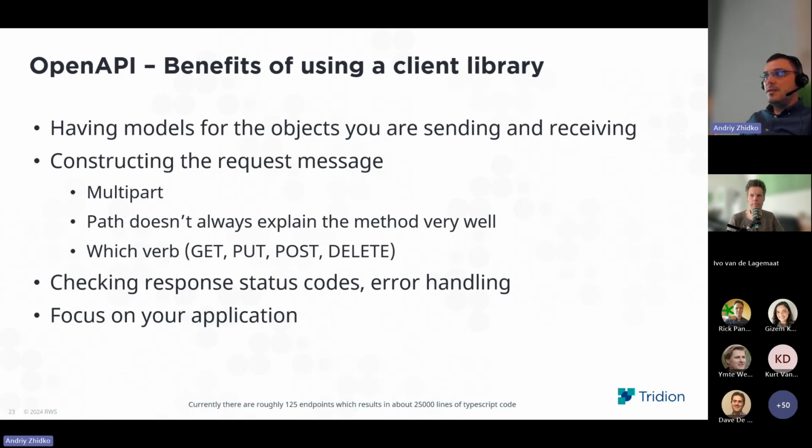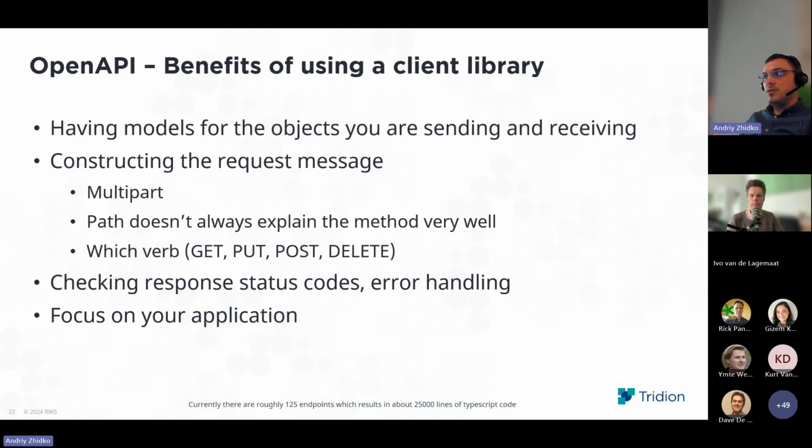With direct calls, it's harder to construct a request message because you need to maintain the request model. The path of the method doesn't always explain the method very well, as you also need to choose a verb that you're going to use. Is it a get, post, put, or delete?